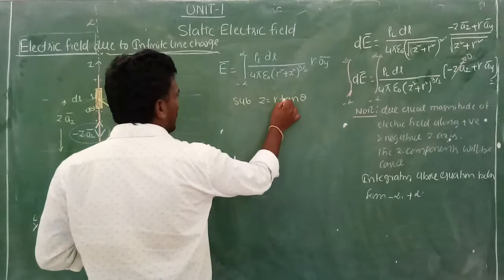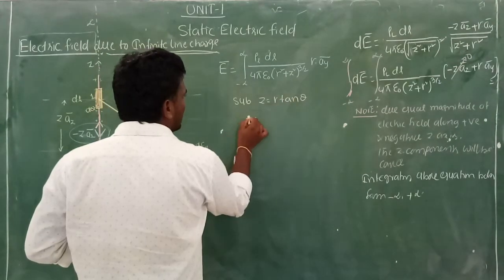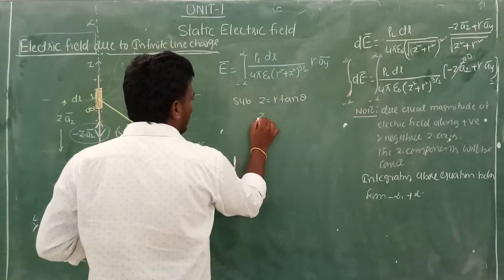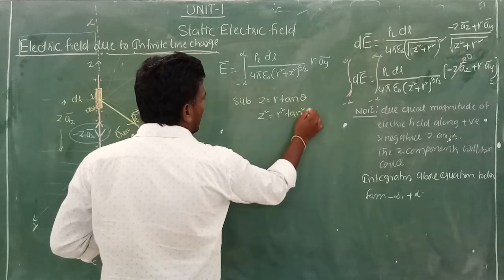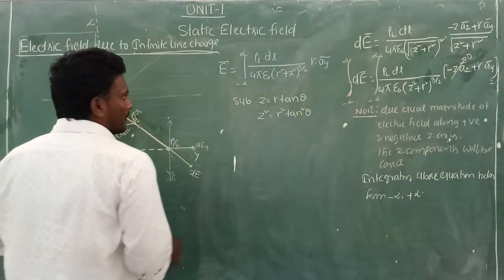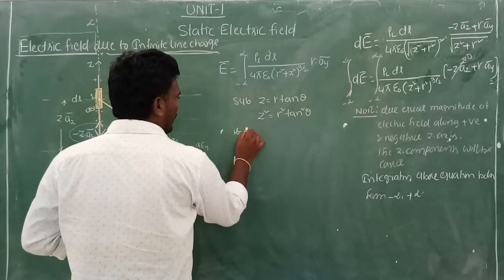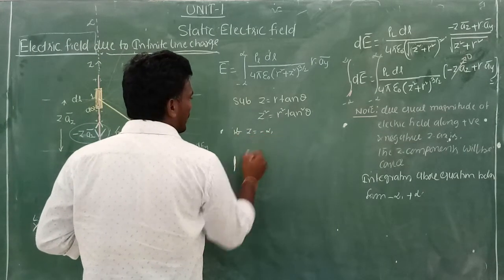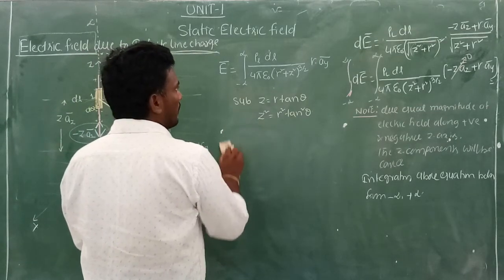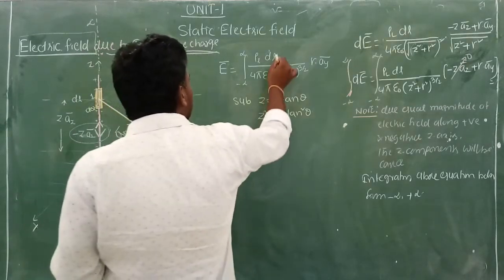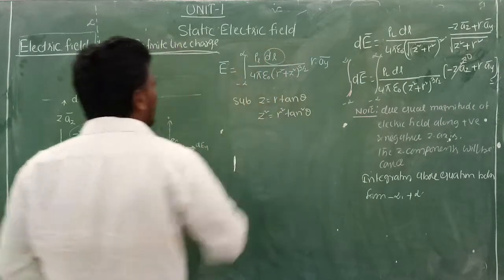So if you substitute z equals r tan theta, z square is equal to r square tan square theta, and the limits. Sorry. First of all, there is a differential length here, dl.